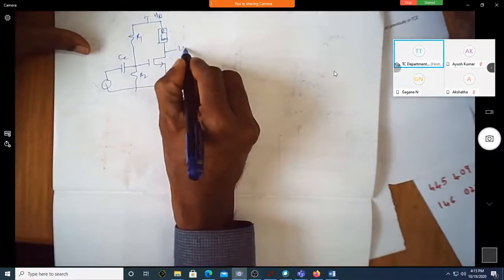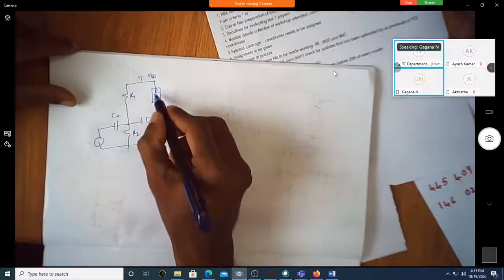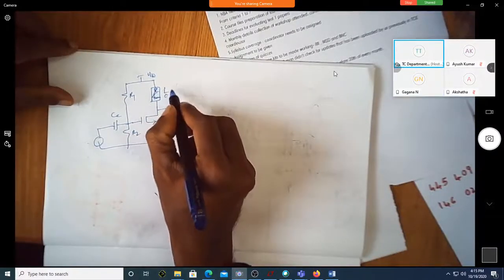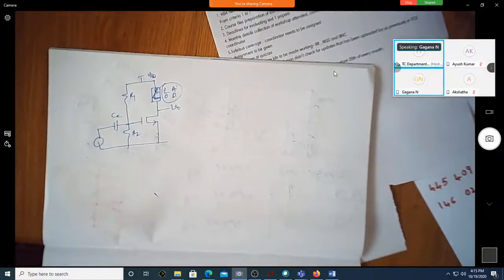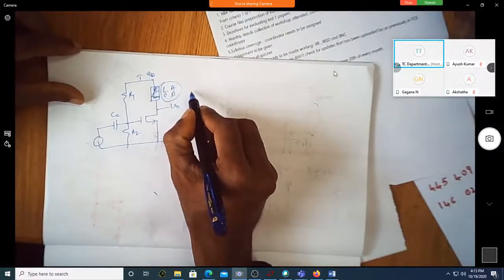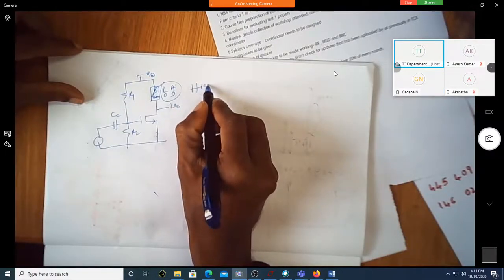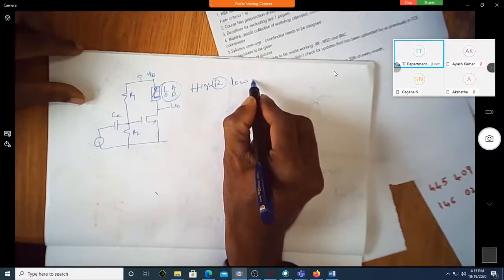Now this is V0. What is this now? Now it is not a resistor. I'll simply call it a load. This is a load. What is the requirement of this? This should have higher resistance value but low voltage drop.